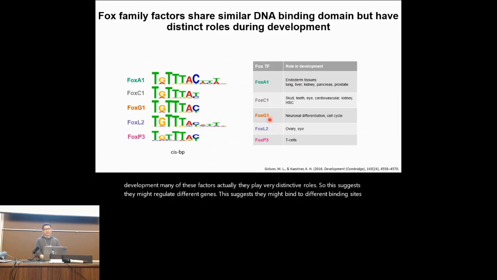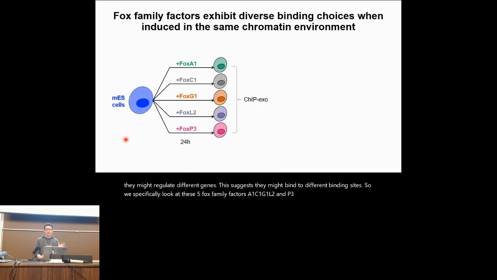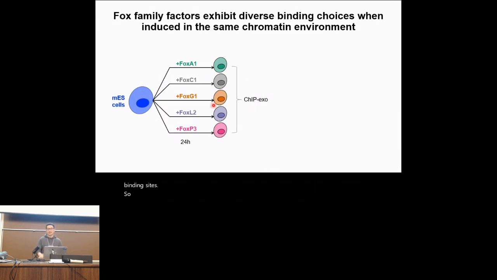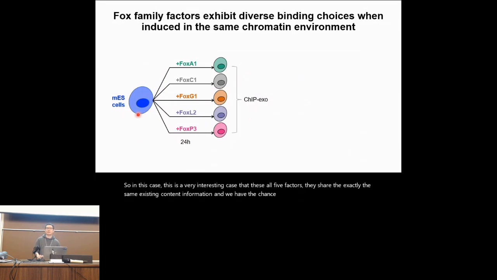We specifically look at five FOX family factors: A1, C1, G1, L2, and P3. We induce them in mouse embryonic stem cells, and after 24 hours, we use ChIP-exo to collect their binding sites. This is a very interesting case because all five factors share exactly the same pre-existing chromatin information, and we have the chance to take advantage of the rich datasets existing in mouse embryonic stem cells on chromatin information.